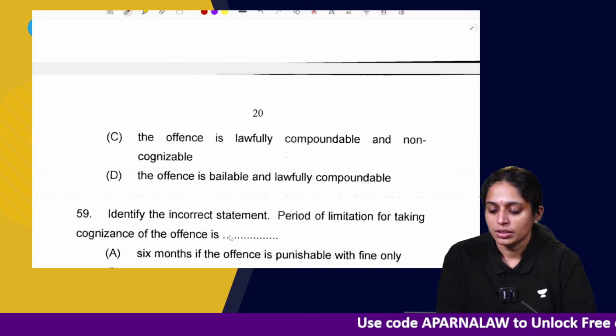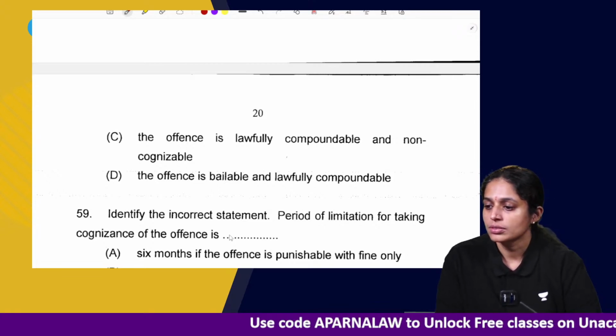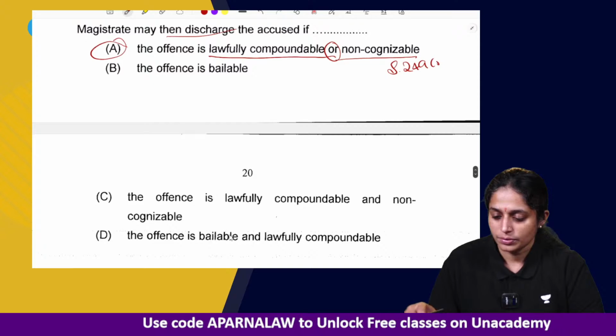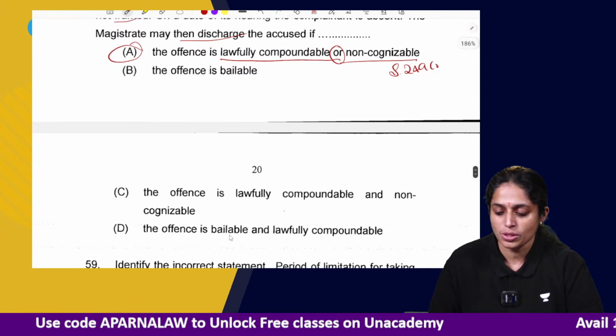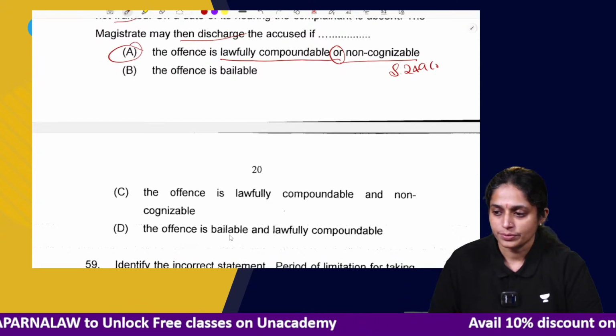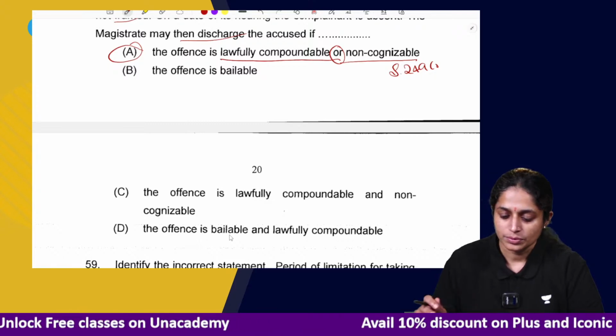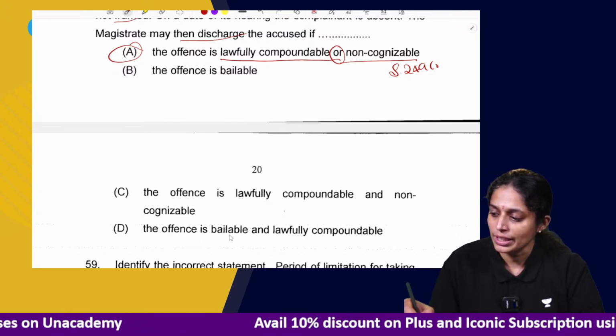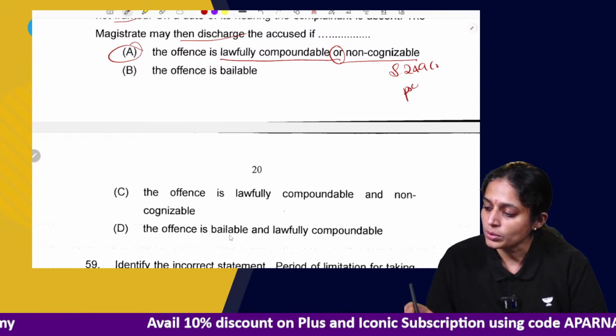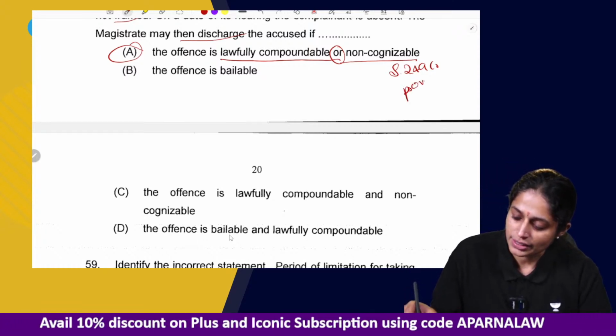Got it? See the options together. Under section 249, proviso to clause 2, you can find this.